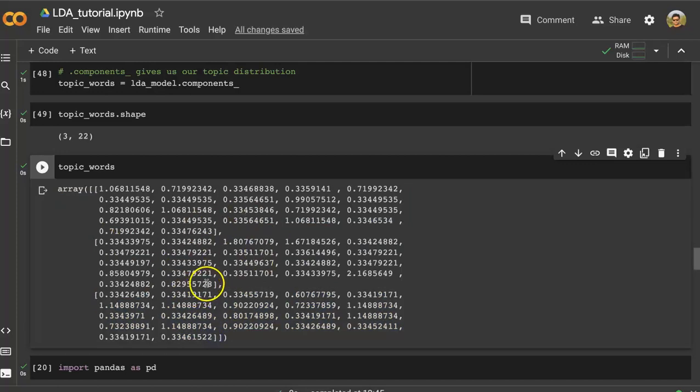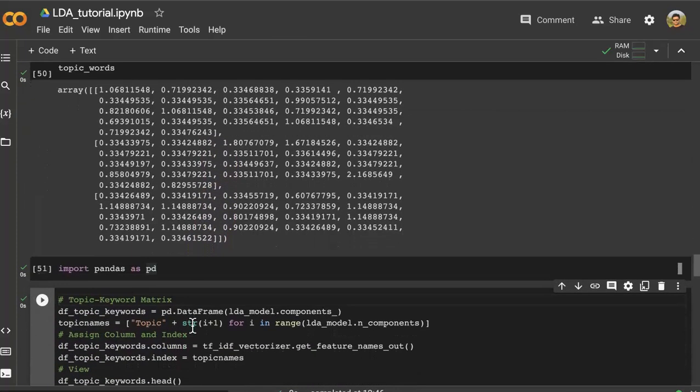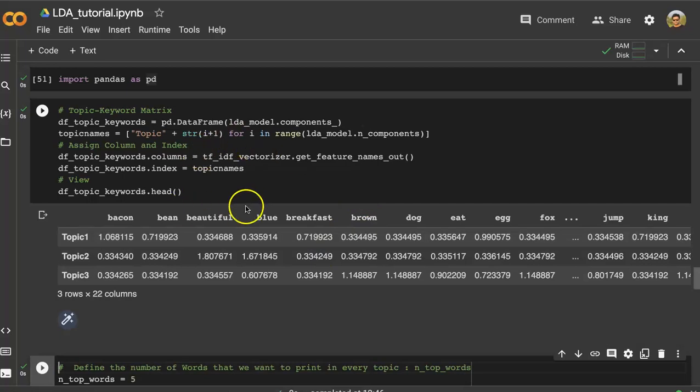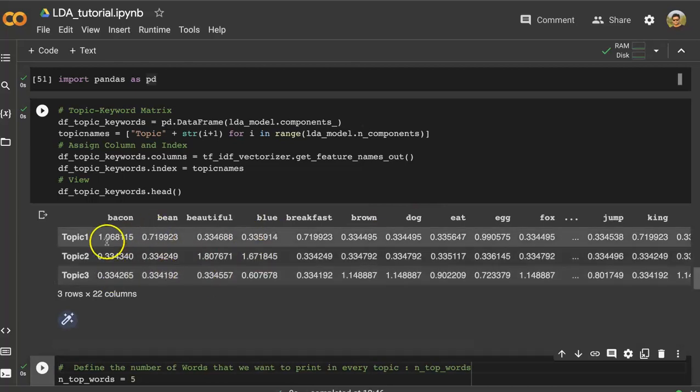If you think this kind of visualization is not very helpful, you can do it with the pandas library. With some small coding, you can see, for topic class 1, for each of these 22 words, what the probabilities are. Again, these are not actual probabilities, you need to normalize.